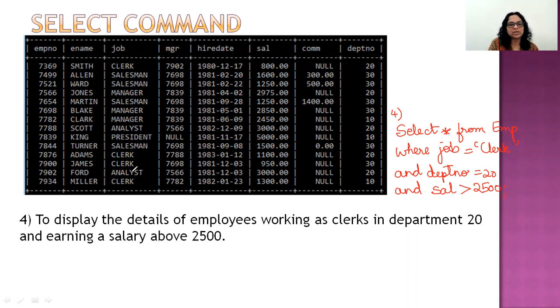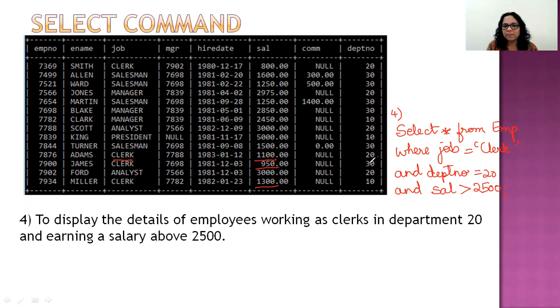Let's locate another clerk here. Is he 20? Yes. Is he a clerk? Yes. But does his salary satisfy? No. Even this person's salary is not satisfying. So you finally get no output. No records are retrieved because there is no row in the table that satisfies all these conditions.